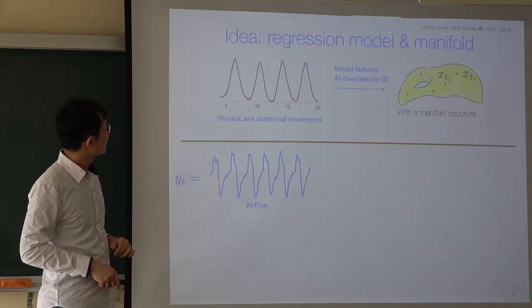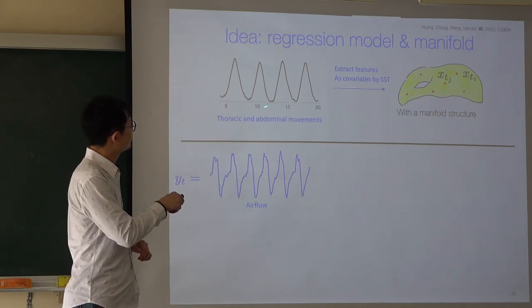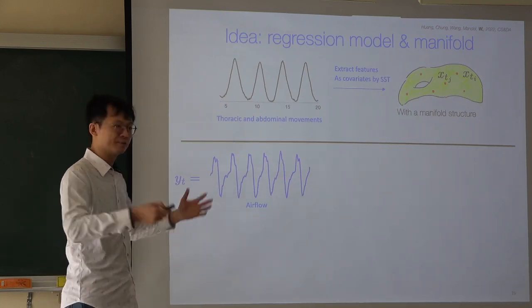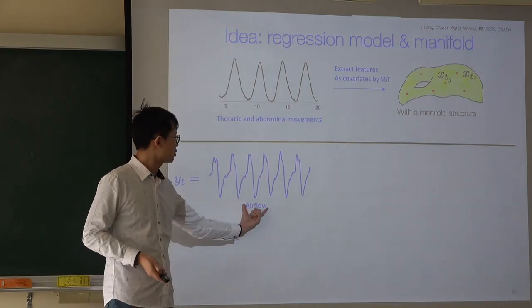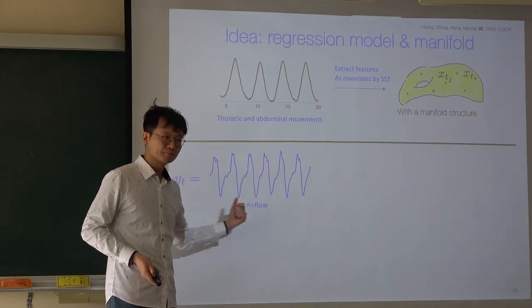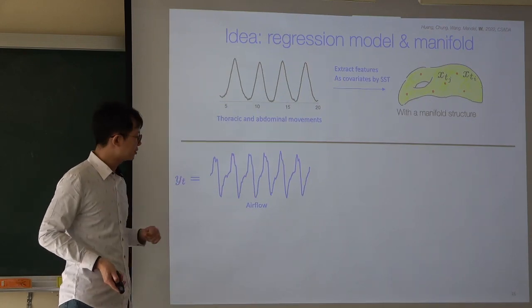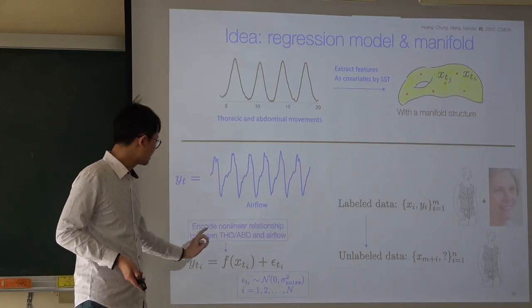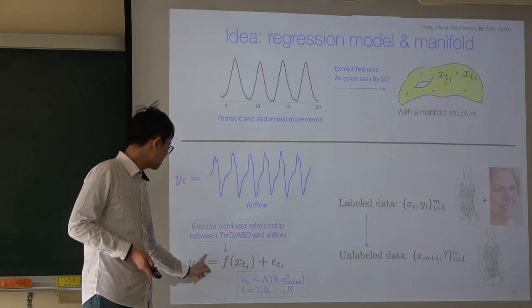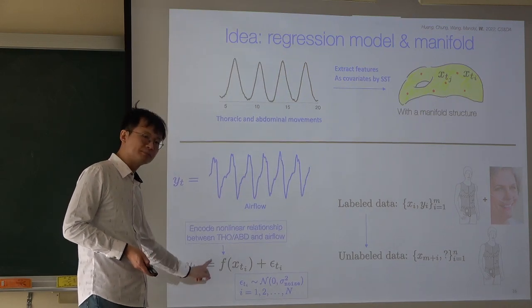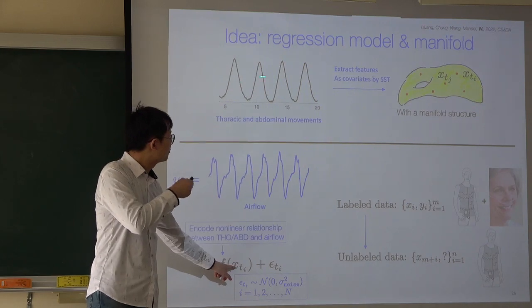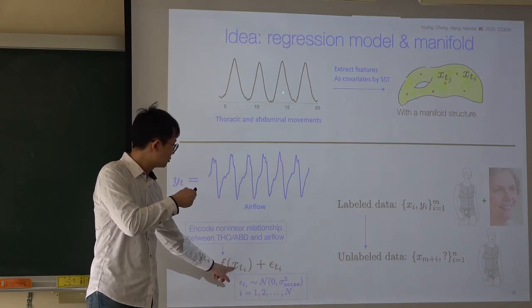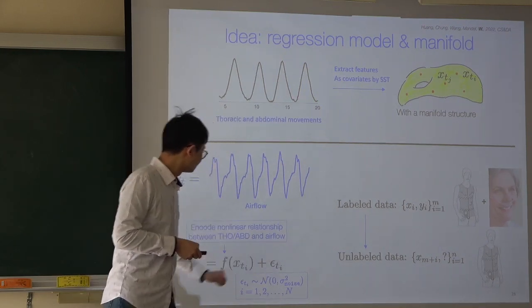Now, you can take thoracic and abdominal movement and you get features, right? Suppose we have a simultaneously recorded airflow signal. We can view it as a predictor. Then what we want to do is predict the airflow signal using the encoded features in the thoracic and abdominal movements plus some noise.